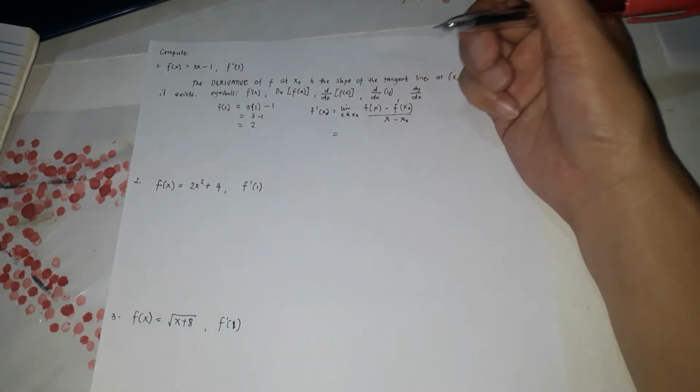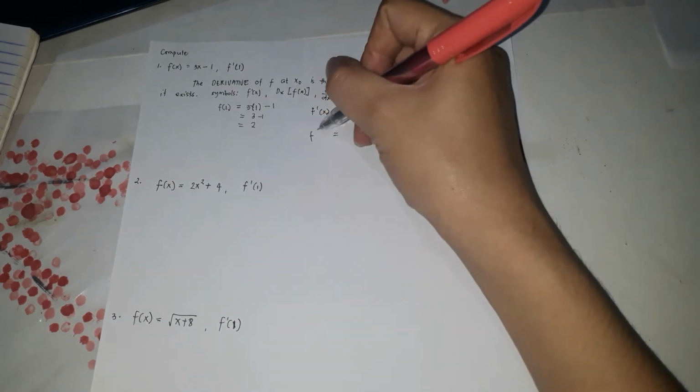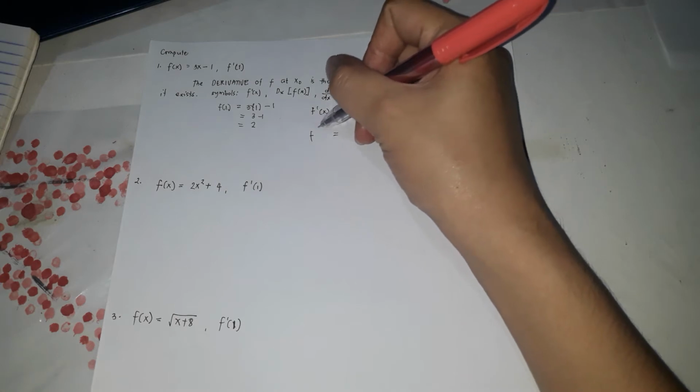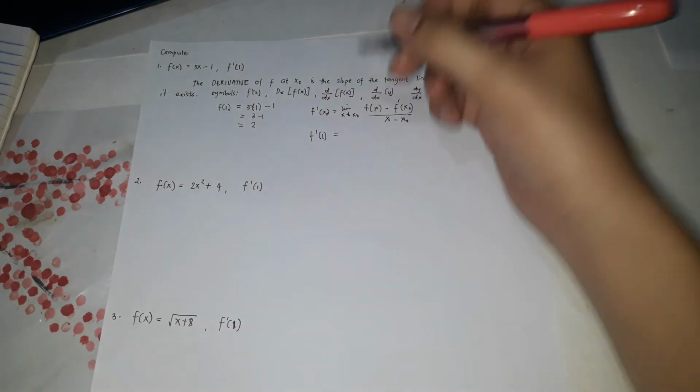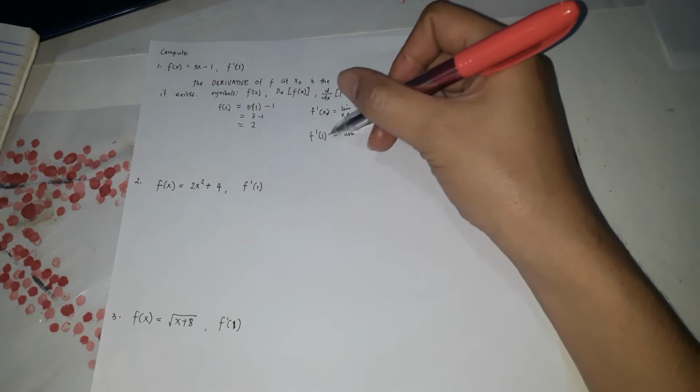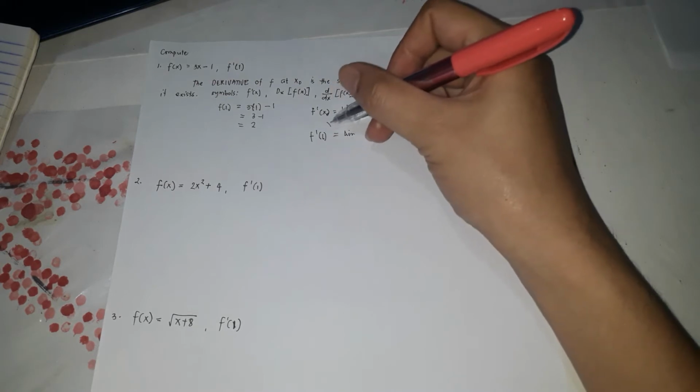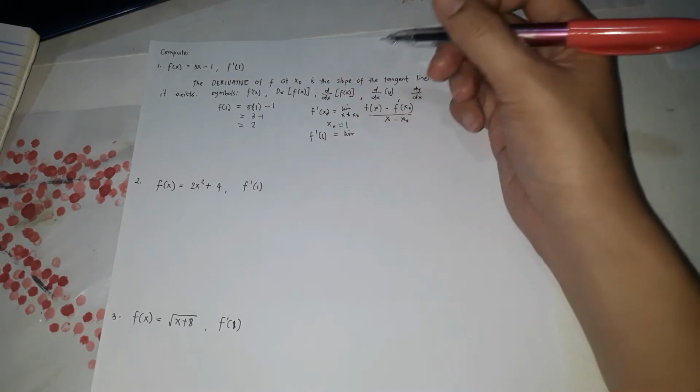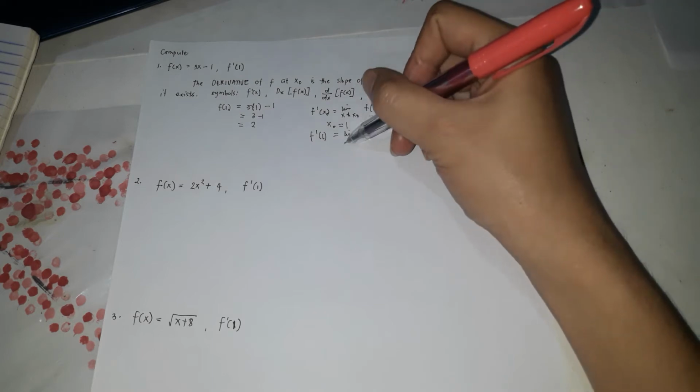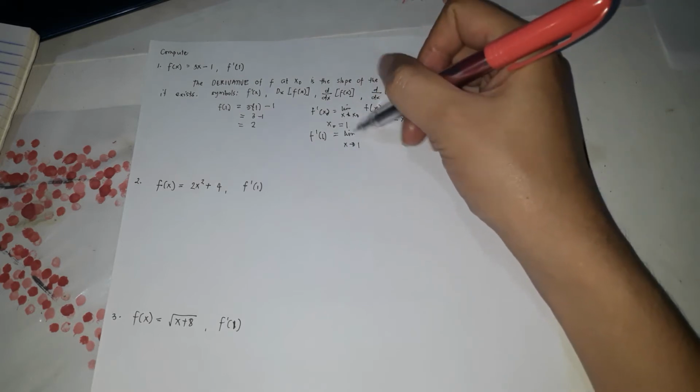Based on our given, for the derivative of the function at 1, x sub 0 is equal to 1. So x approaches 1.